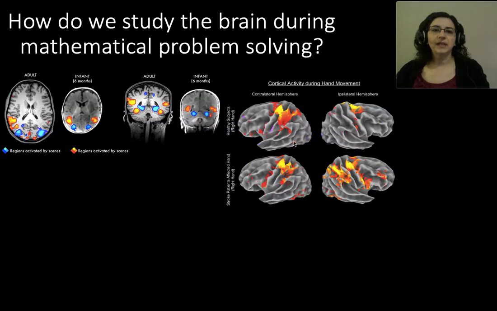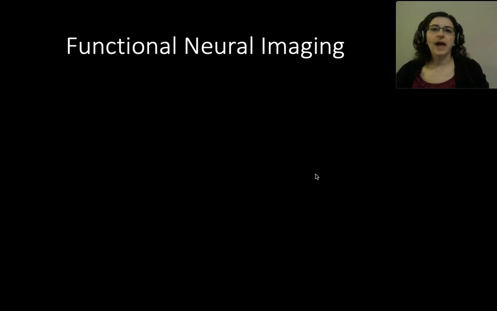So you may have seen images like this where there's sort of colorful blobs on images of an adult or a child brain, or maybe these really cool 3D renderings. And to create images like this, we actually start with a process called functional magnetic resonance imaging, which is a type of functional neuroimaging.